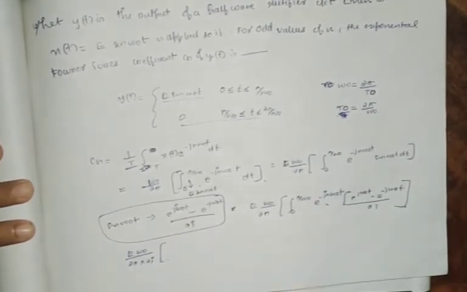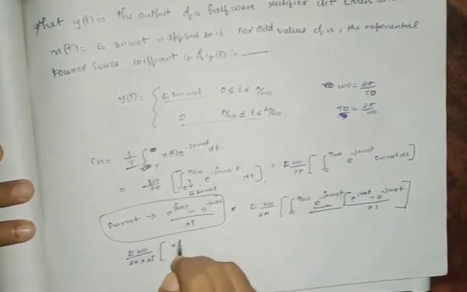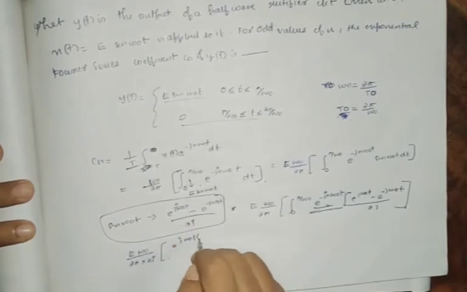I am taking this inside and this inside. We'll get e raised to j omega 0 t common here, right?